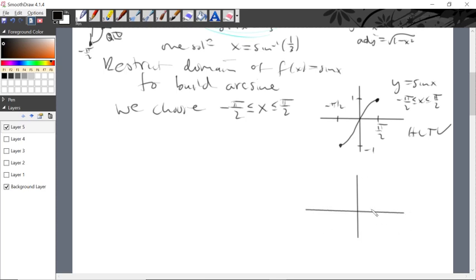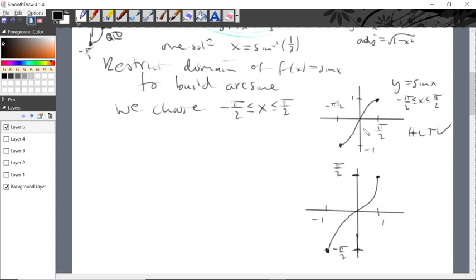And we invert it by switching the x's and the y's with each other. Okay, so we switch x's and y's, so that is we take the domain negative 1 to positive 1, and the range from negative pi over 2 to positive pi over 2. Okay, and the function would look like this.